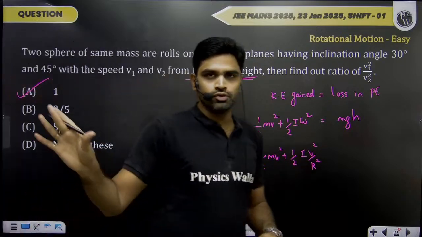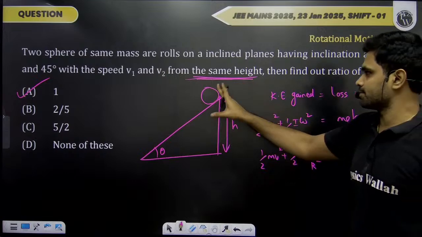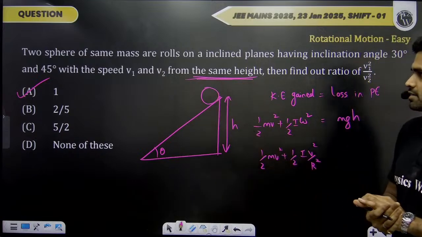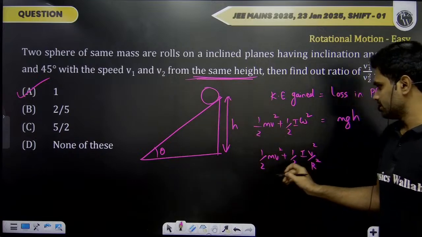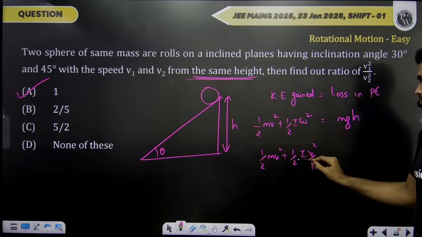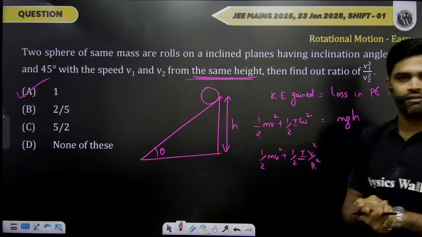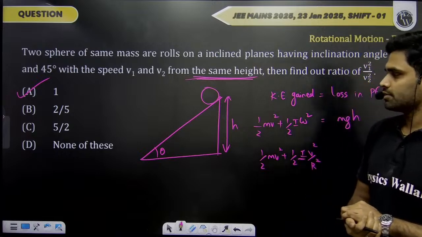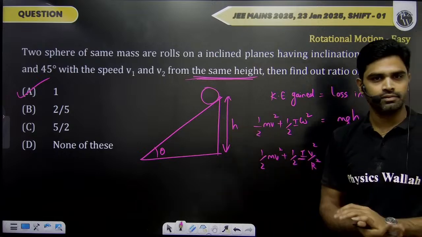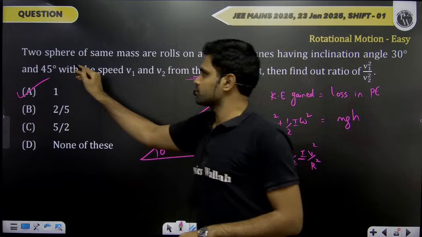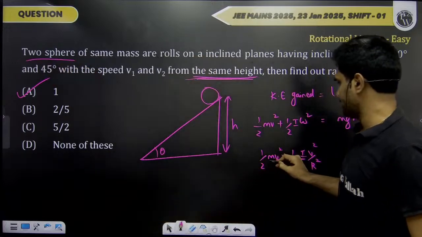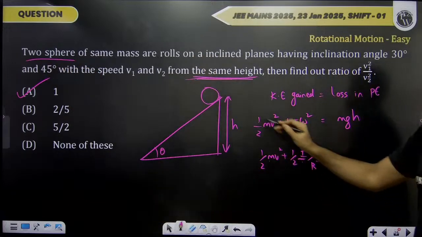So instead of two spheres, if you have different shapes, like a ring and disc or a sphere and disc, then velocity will change. Because of the I value, velocity can change and the ratio will be different. As the given question has only two spheres, both m and I are the same, so the ratio has to be 1:1.